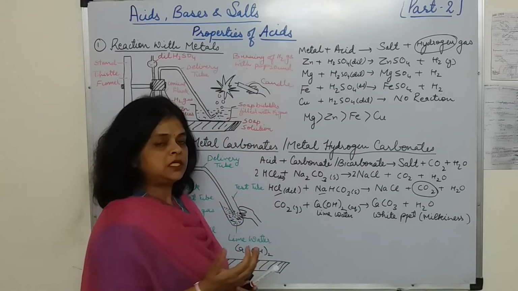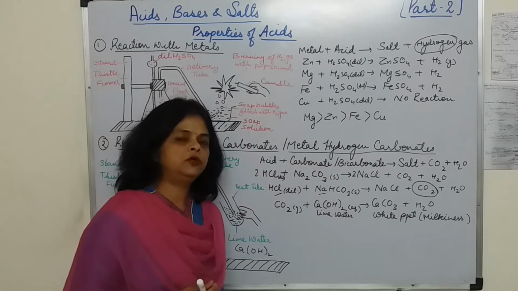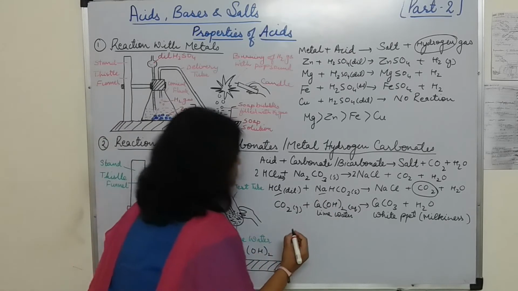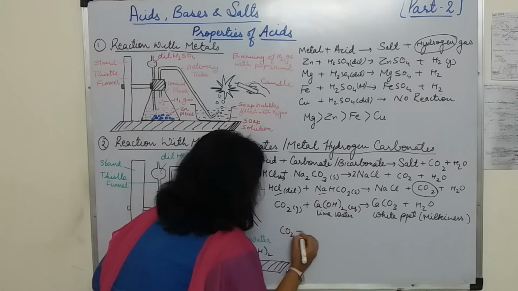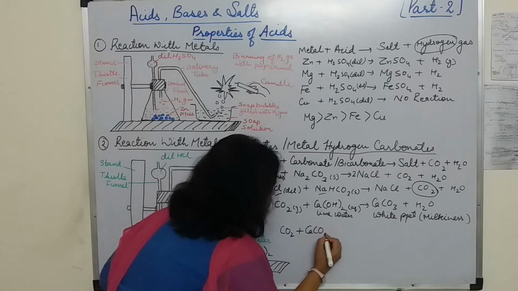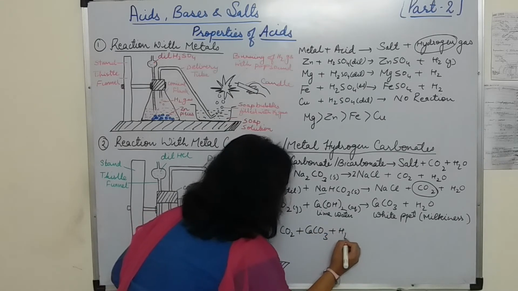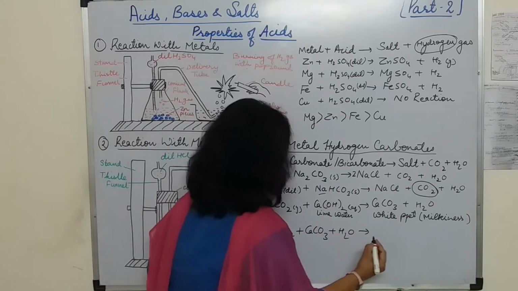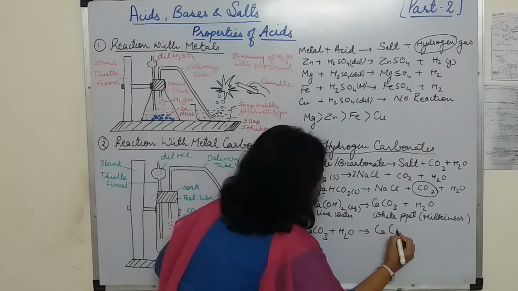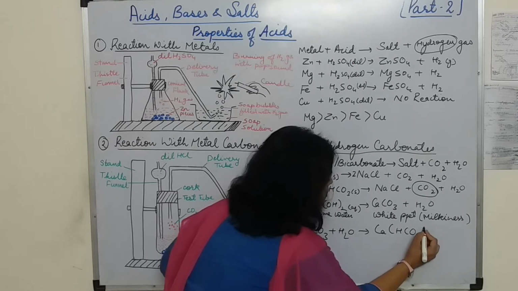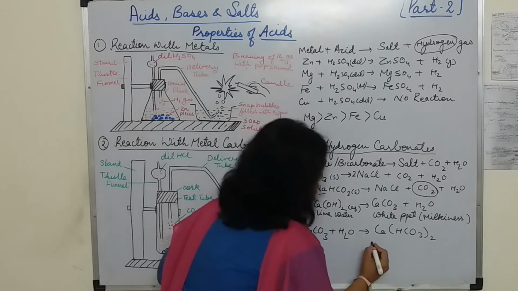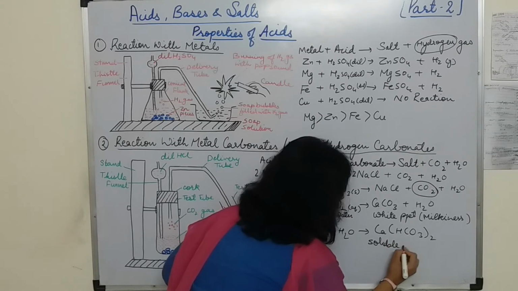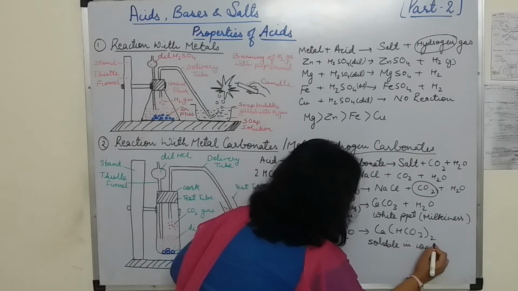Now, what happens if you pass this carbon dioxide for a longer time? This milkiness disappears. Why? Carbon dioxide passing into this CaCO3 plus H2O, when it combines, forms bicarbonate, Ca(HCO3)2, and this is soluble in water.